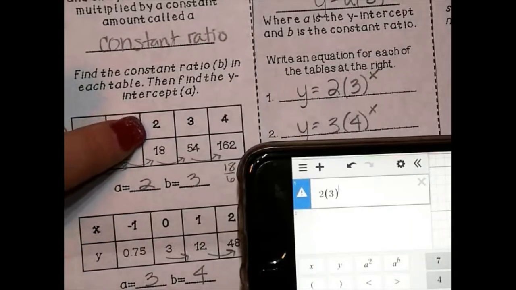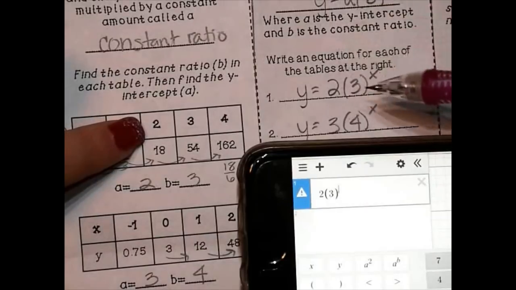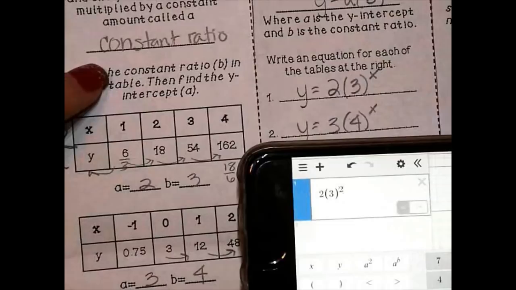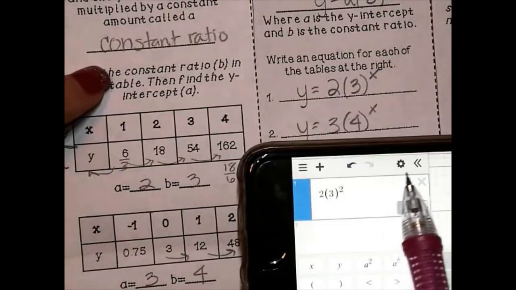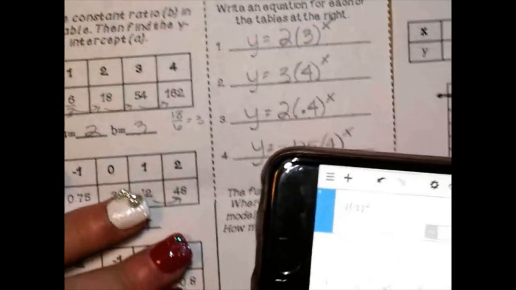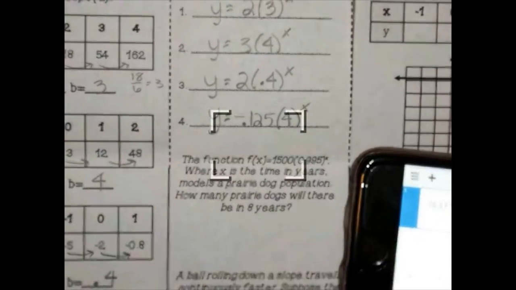I want to prove if I equal 2 for x in this equation that my outcome will be 18. So to the second power. And if you can look right here in that gray region where the solution on Desmos comes up, there we go. You can see that that does in fact equal 18, okay? So remember, Desmos.com and the Desmos app are free for you to always check your work.